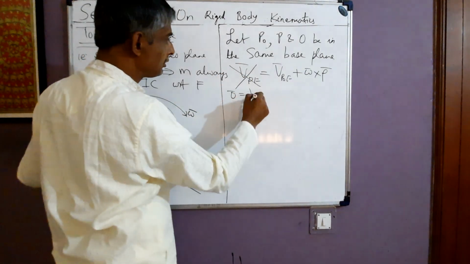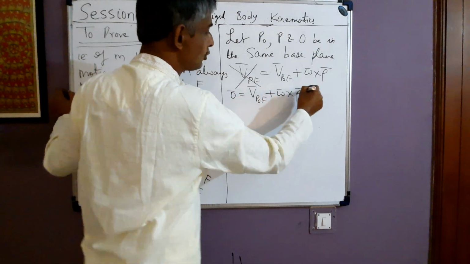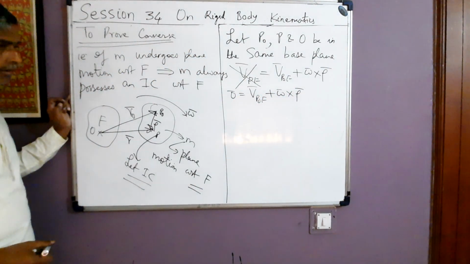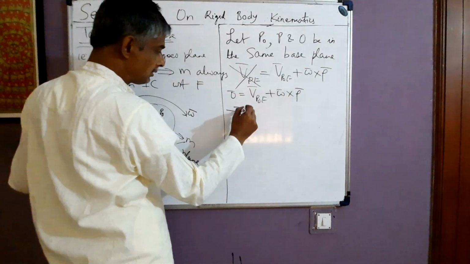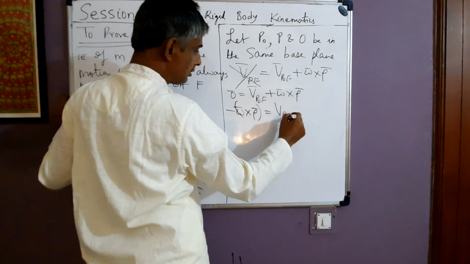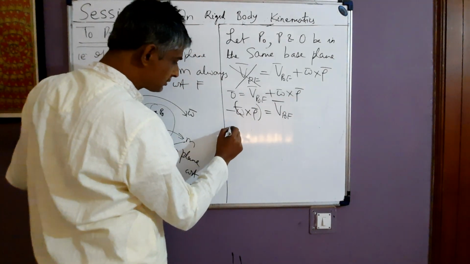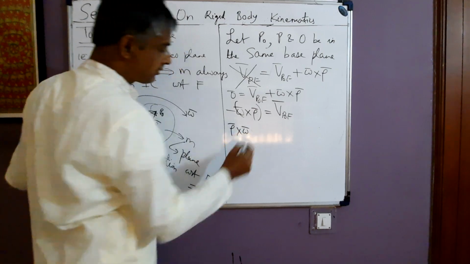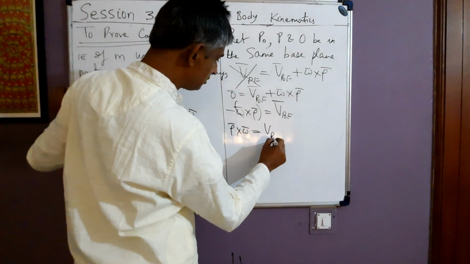So 0 is equal to Vp naught F plus omega cross rho. I bring omega cross rho to the left side: minus omega cross rho is equal to Vp naught F. So minus omega cross rho becomes rho cross omega, by the anti-commutative property of the cross product, equal to Vp naught F.